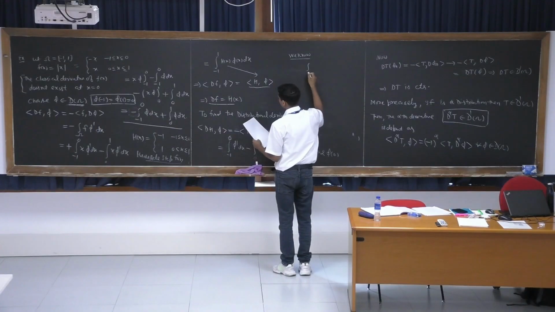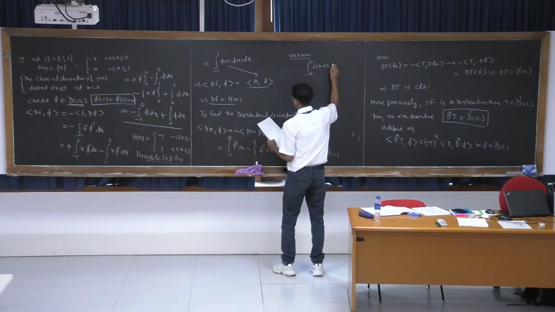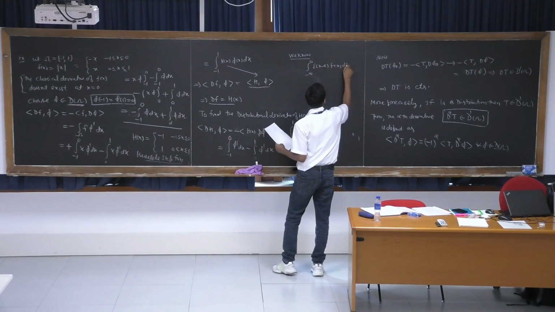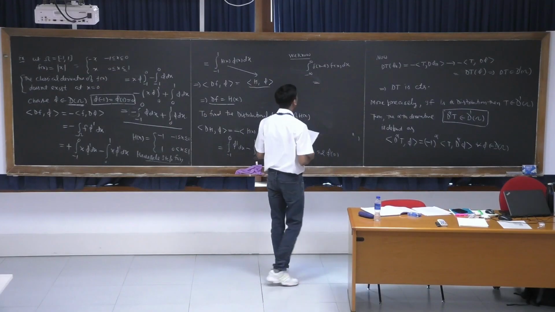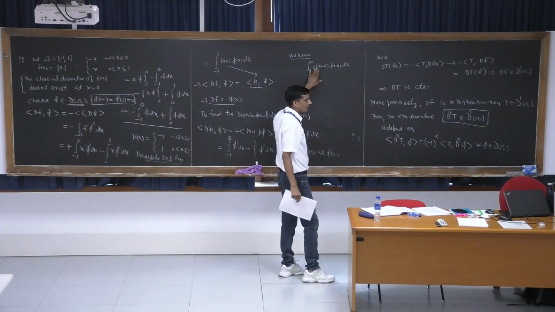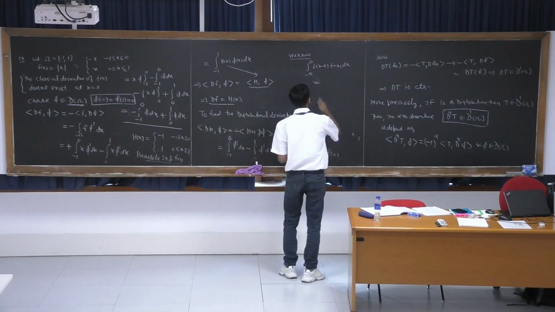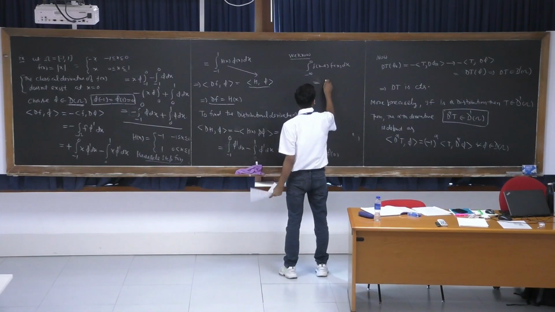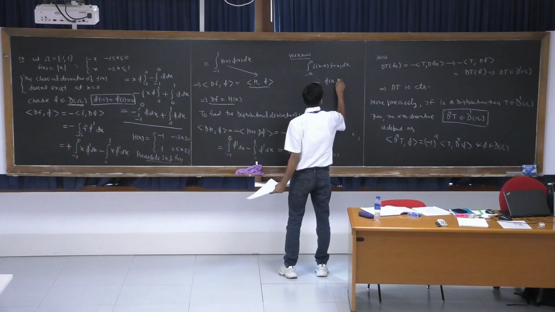We know the integral from minus infinity to plus infinity of delta of x minus a times f of x dx is equal to, this is the Dirac delta function, its center at a, so its value becomes phi of a here.